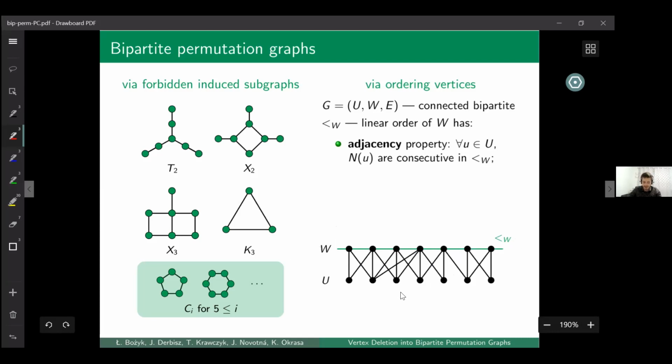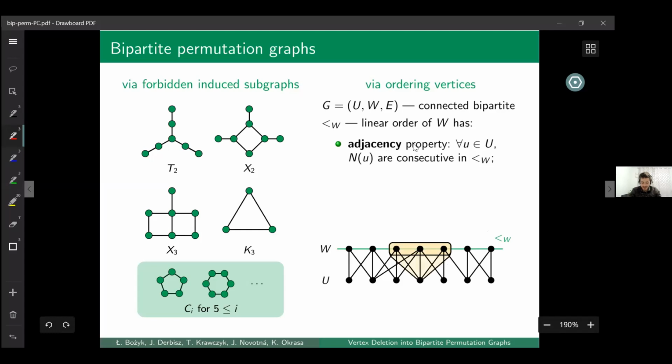Okay, so as you can see in this picture, whenever you pick a vertex from U, its neighbors are consecutive in this ordering induced by W. And that is the adjacency property, quite a suggestive name.